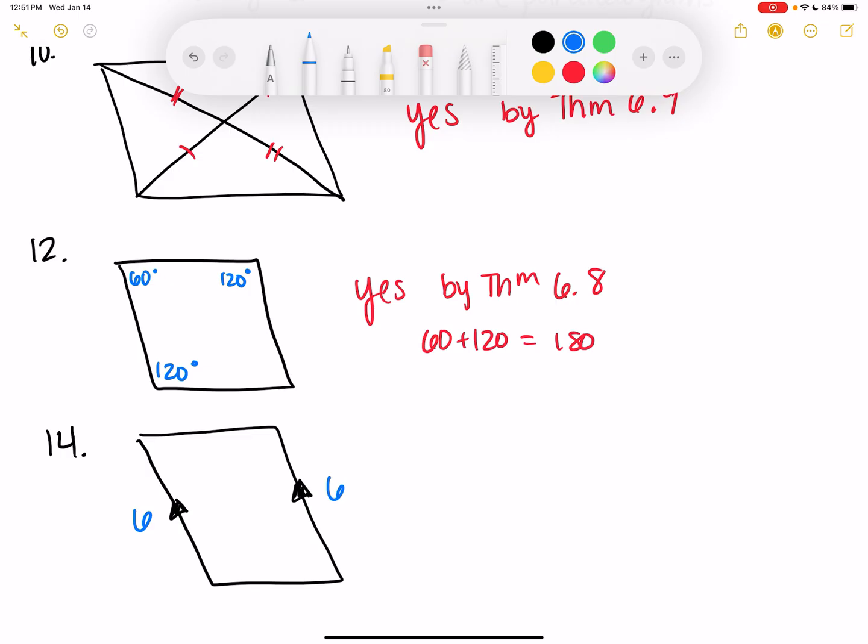So they don't necessarily put on there the symbol for congruent, but they give me the numbers. And since they're the same, obviously I know they're congruent. So is this a parallelogram? Yes. And this one is by theorem 6.10. Opposite sides are parallel and congruent, then it is a parallelogram.